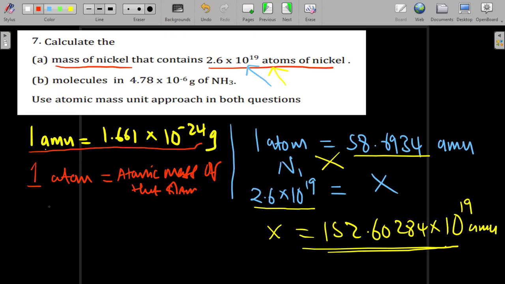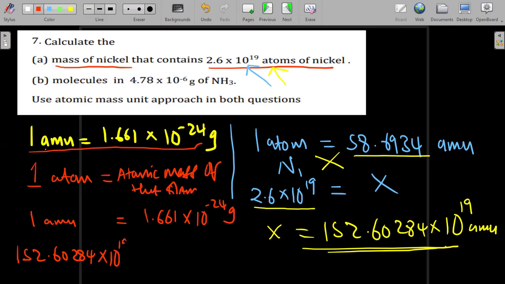Okay, so from that relationship, we know that one atomic mass unit is equals to 1.661 multiplied by 10 to the power minus 24 grams. Okay, and then from there, what are we going to do? We are going to say, what about 152.60284 multiplied by 10 to the power 19 atomic mass unit?